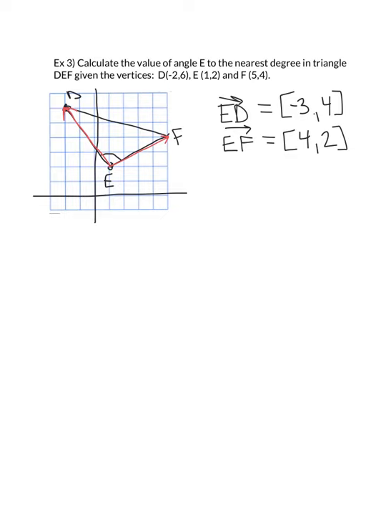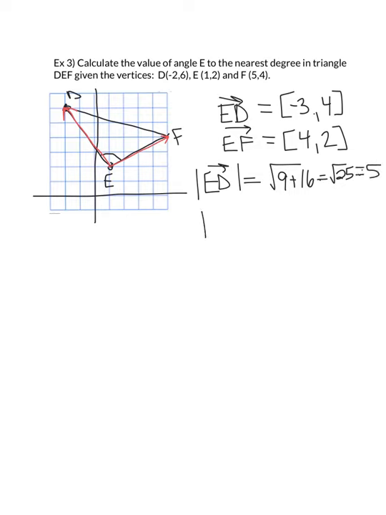Now if I think about my dot product formula, the only thing that I can really do now is calculate the magnitudes of ED and EF. So I'll do the magnitude of vector ED first. So I'm going to get the square root of -3 squared, so 9, plus 4 squared, which is 16, which is the square root of 25, which is 5.